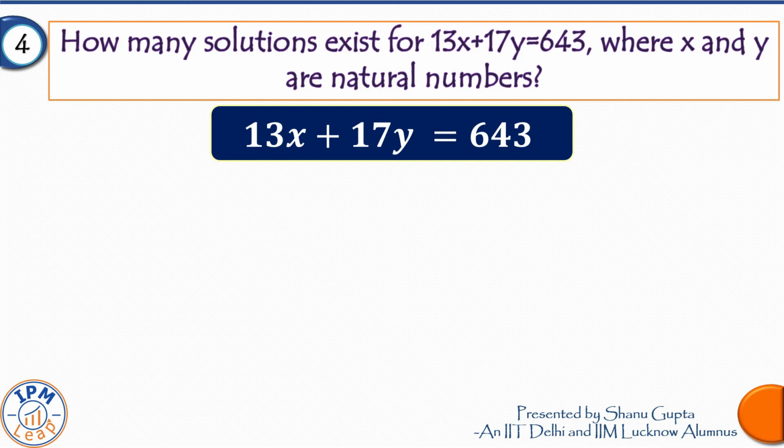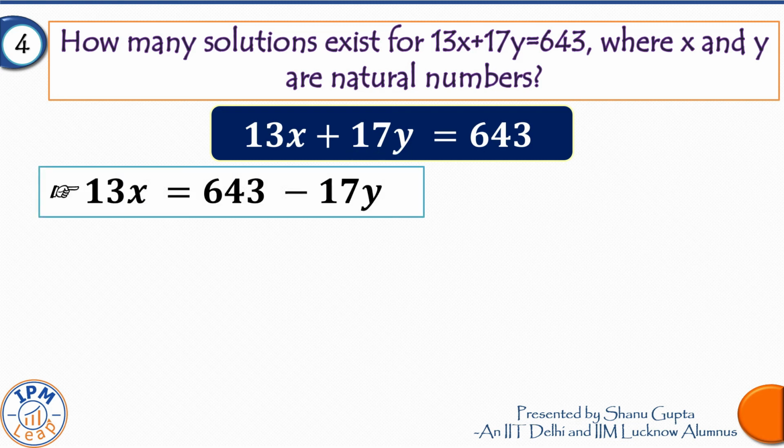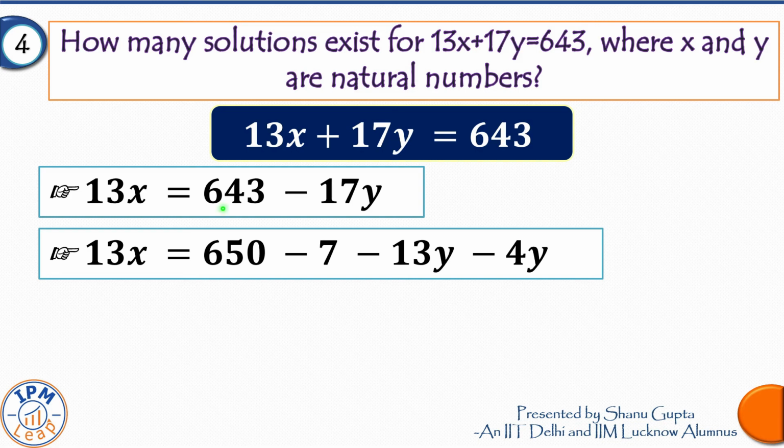So let us rewrite our equation first as we like it. Take the term with the bigger coefficient, which is 17y, to the right. The left hand side is 13x. It's a multiple of 13. So next we will extract all multiples of 13 from the right hand side as well. 643 can be written as 650 minus 7.